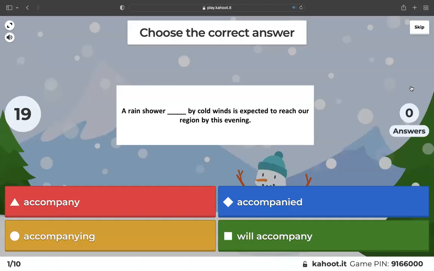Okay. Question number 1. A rain shower accompanied by cold winds is expected to reach our region by this evening. Which one will you choose? Accompanying, will accompany. Okay, in 3, 2, 1.